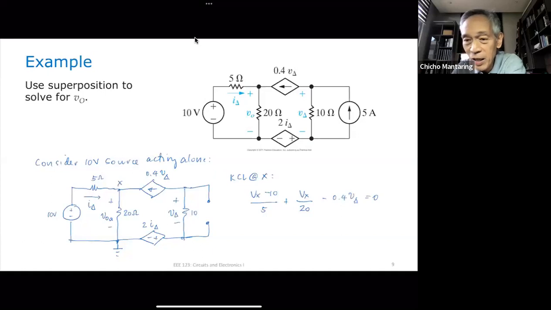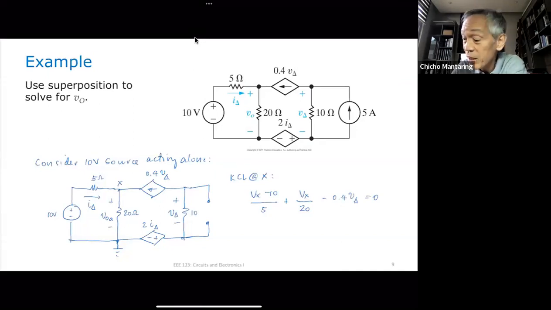Okay. First of all, think about it, ano? This voltage, V of X, minus this voltage, is that the voltage across the 10 ohm resistor? It's not, no, it's not.